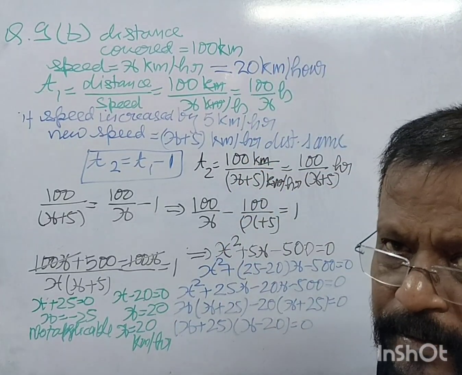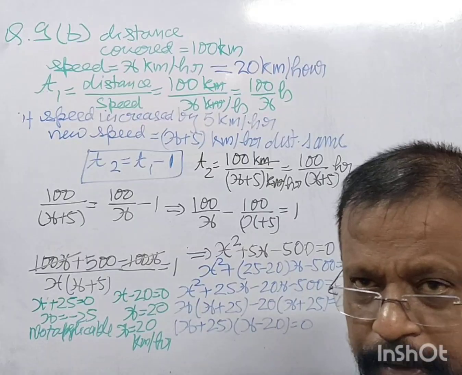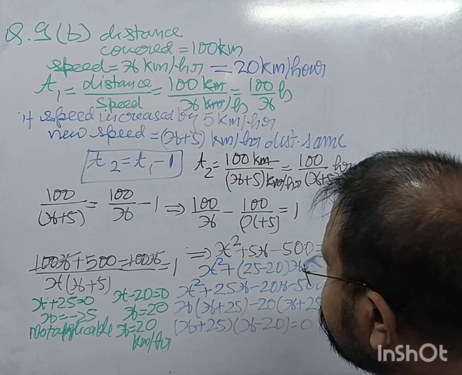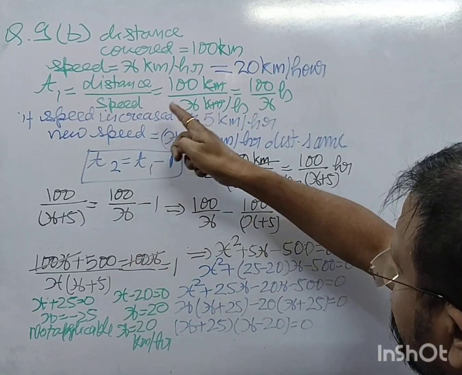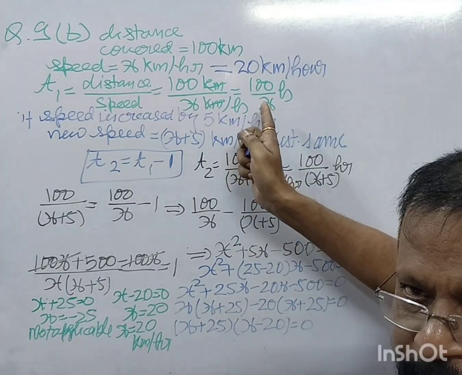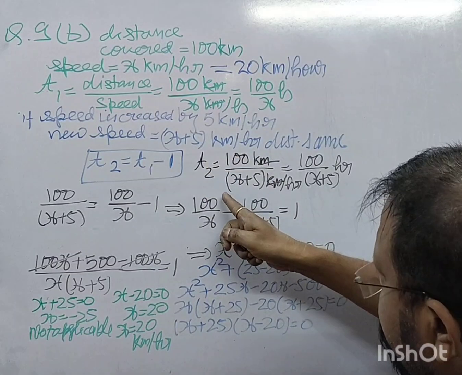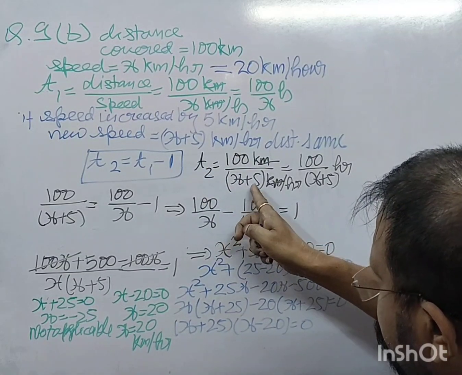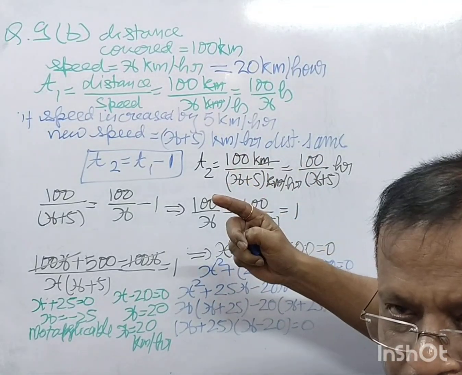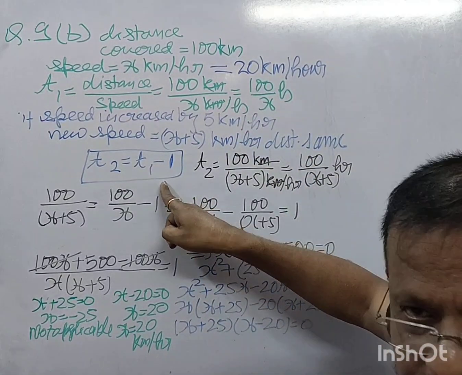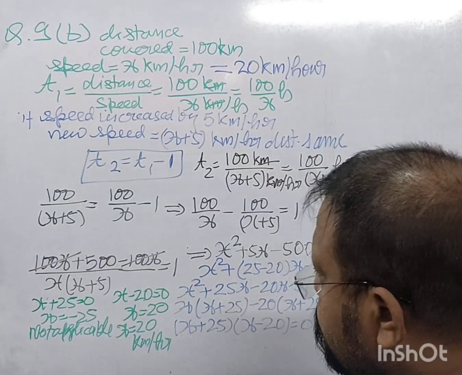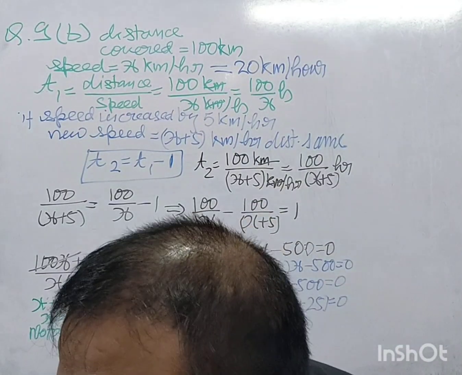If you put 20 here, it is 5 hours. If you put 20 plus 5, so 25, it becomes 4. So 5 minus 4 becomes 1. So 1 hour difference is there. Correct. Done? This was 9th B. Okay, should I rub?